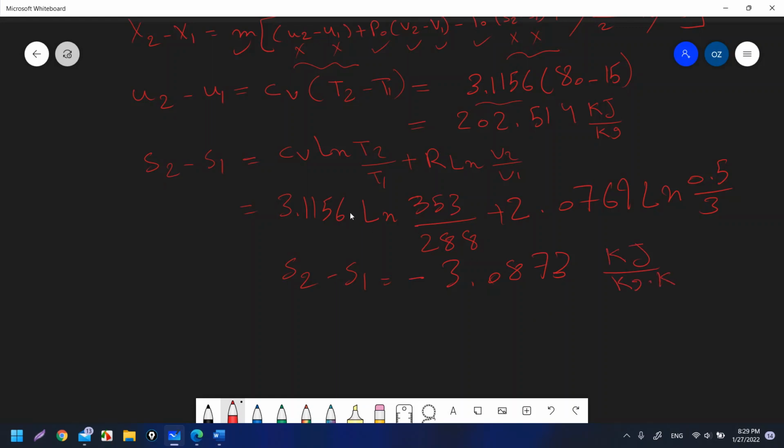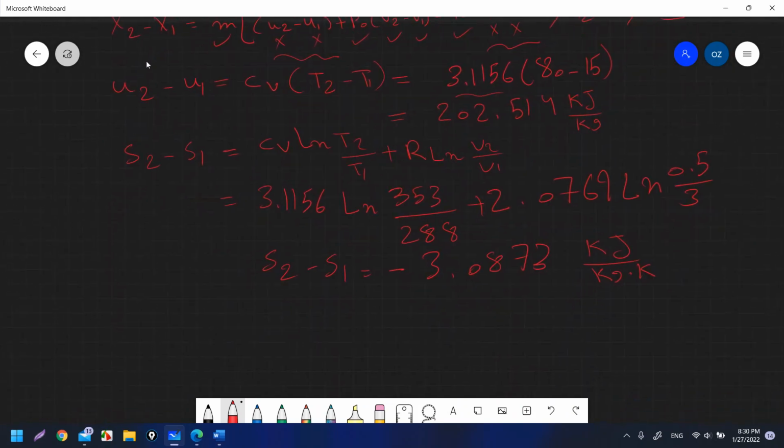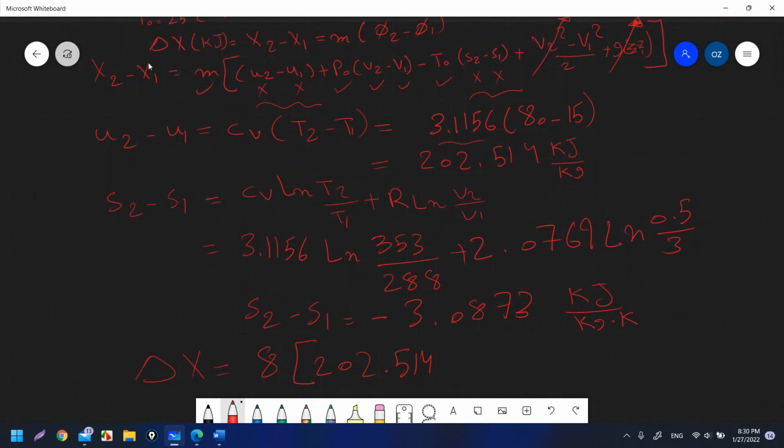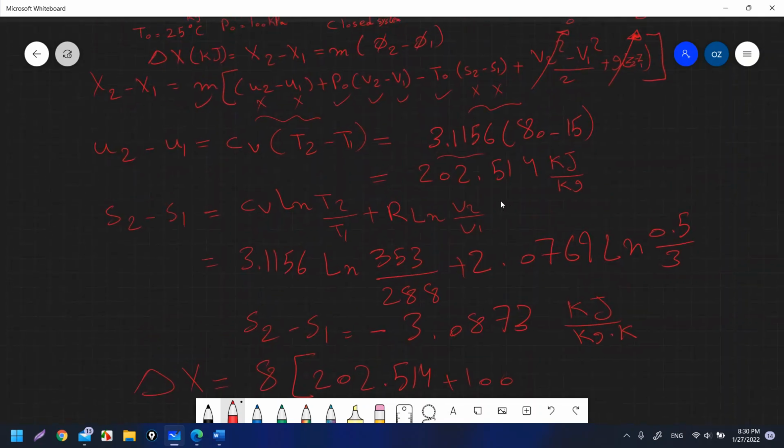Then you have already found everything to calculate the delta X, the change in exergy. That is an easy question, but because we are starting, we are just warming up. The delta U is 202.514. I'm substituting in this equation for the exergy change, plus 100, it is pressure P naught.